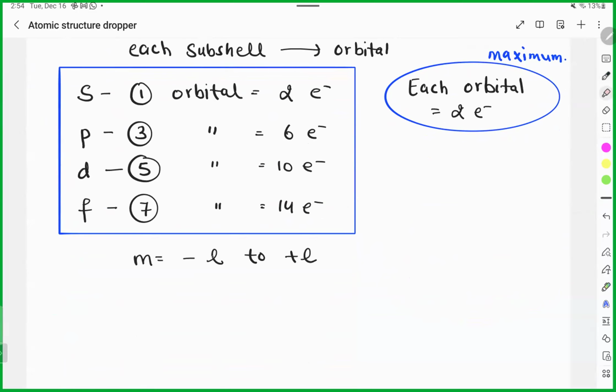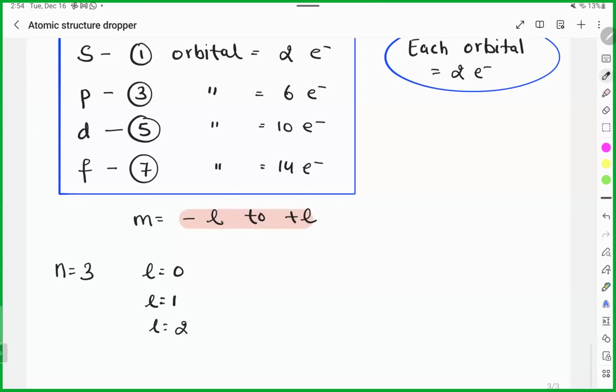Extremely important. Example, if n value is 3, l value could be 0, 1 and 2, maximum 1 less. So in the same way you will write, there will be a total of 3 orbitals.